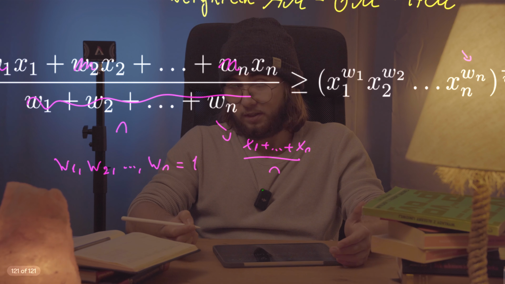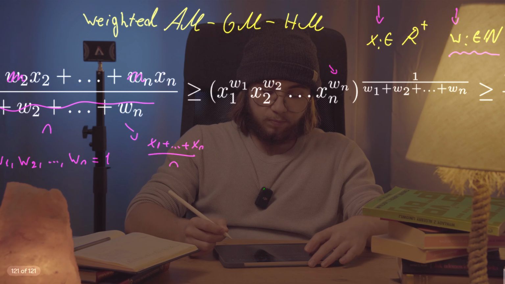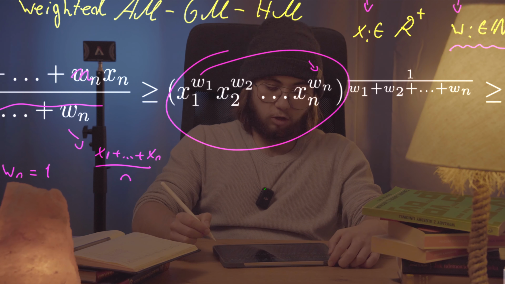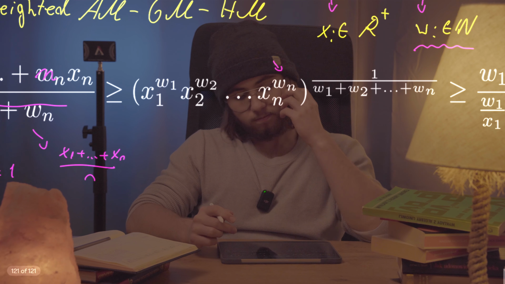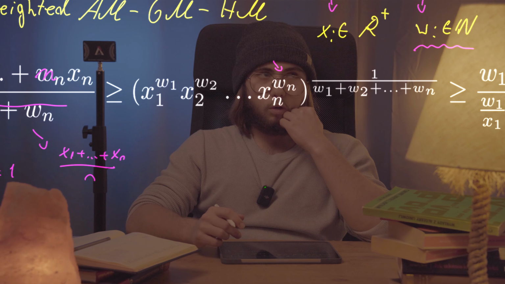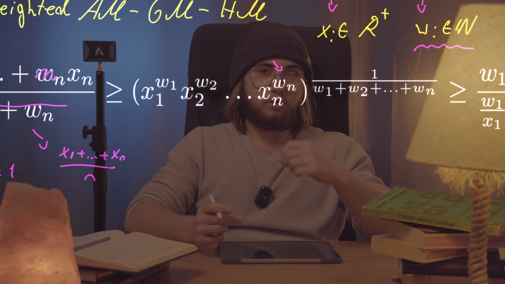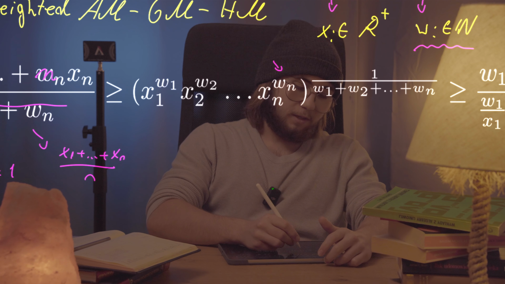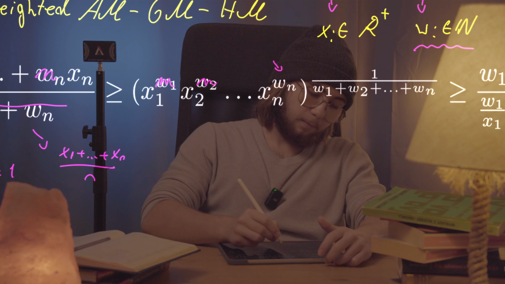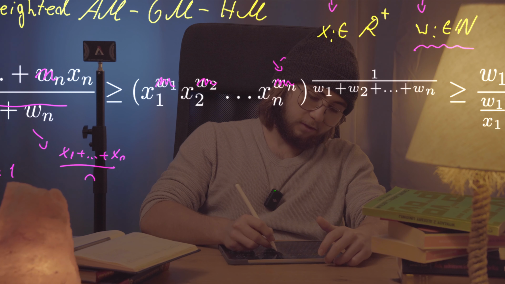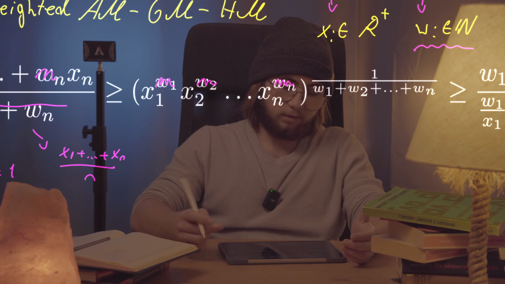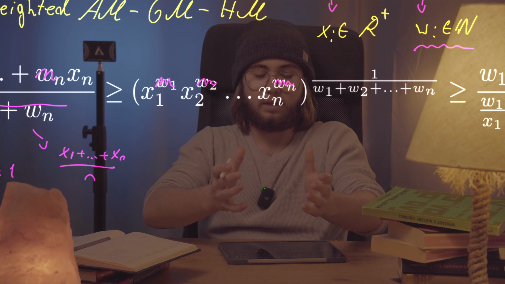which is just the regular arithmetic mean. What about the geometric mean right over here? Well, this will also look like the regular geometric mean when I say that all of the weights are equal to 1, because I'm just taking the product of all of those x's to the power of 1 multiplied together, so that's just the regular product of all the x's.